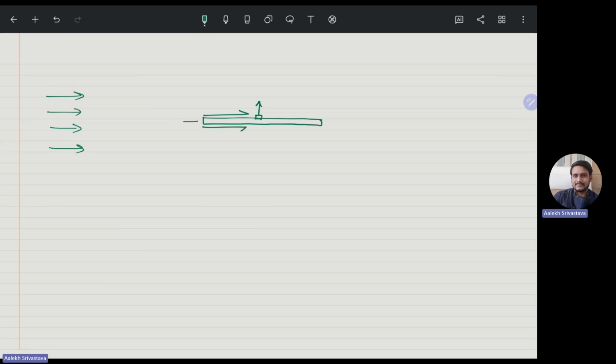So the pressure acts in this direction, so it is 90. So pressure difference does not exist at this surface. Only for this small thickness will the pressure difference exist. Therefore, the total drag will only have a component of tau sin theta dA, and sin theta tends to 1. Therefore, it is tau dA.